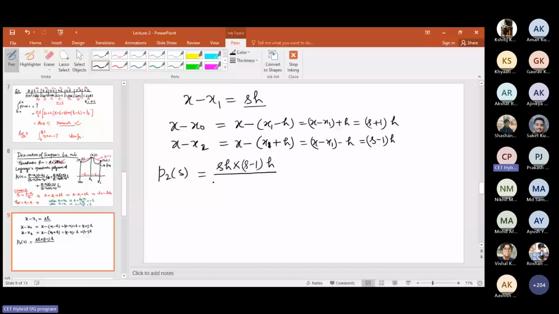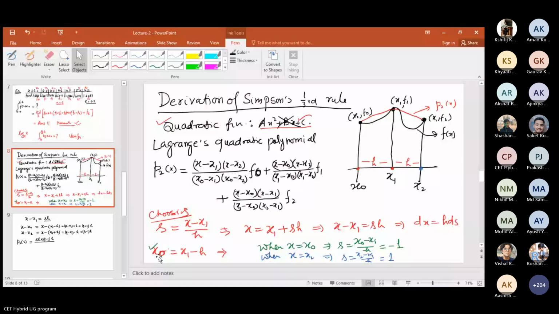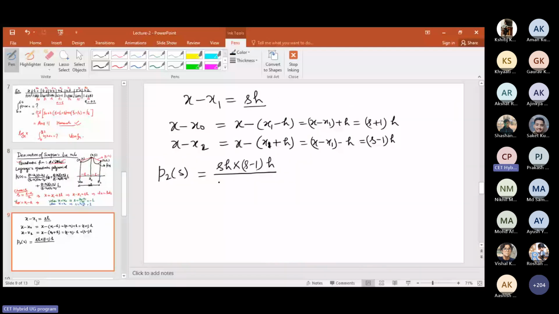Here you can see that I have already written x0 minus x1 is minus h, and x0 minus x2. In fact, you can see that these are nothing but the distances. So this distance x0 minus x2 is 2h, the total distance is 2h. If you subtract x0 minus x2, it will be negative of 2h. So eventually you will get divided by minus h into minus 2h.